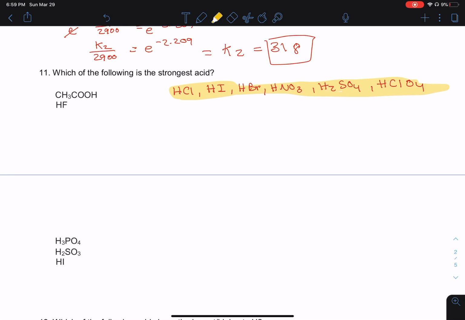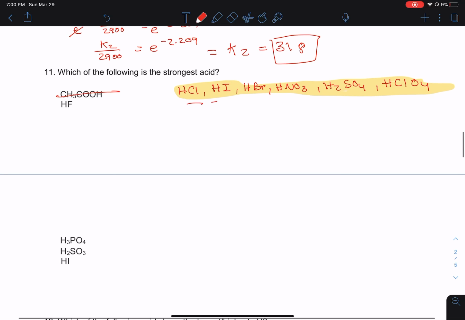So the question is asking which of the following is the strongest acid. So we already know we can take this out. One thing I want to talk about is hydrogen fluoride. Yes, it is a halogen, and as you can see in this list, all the other halogens are considered strong acids. But the reason that HF is a weak acid is because fluorine is the most electronegative atom, correct?